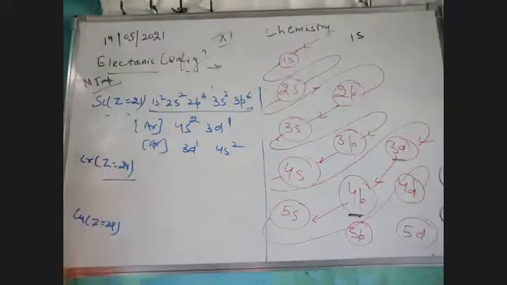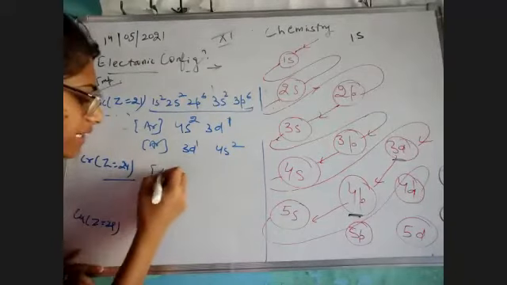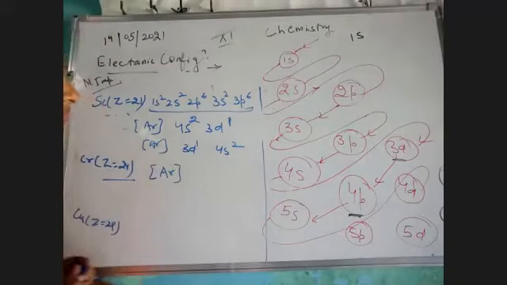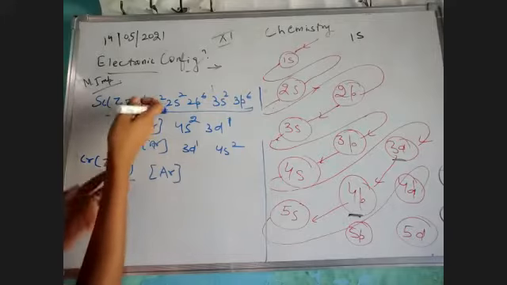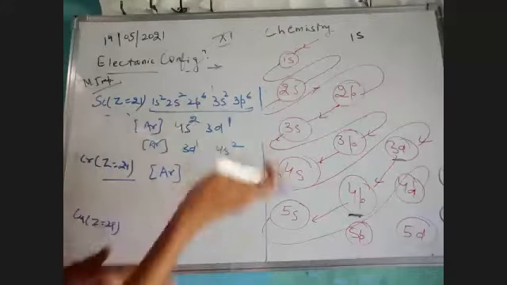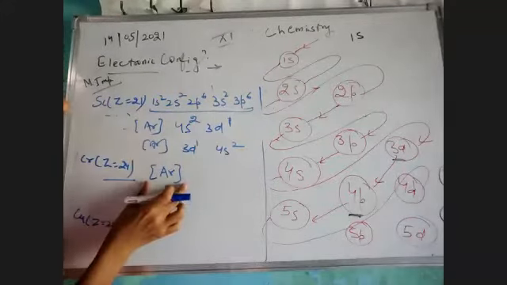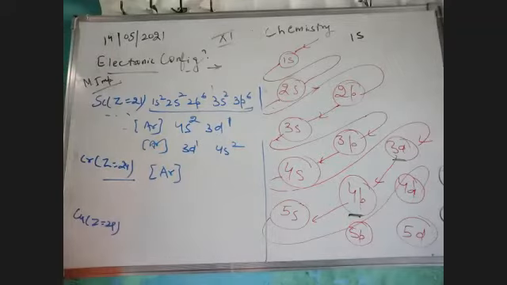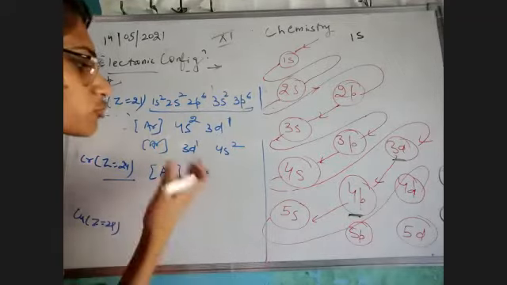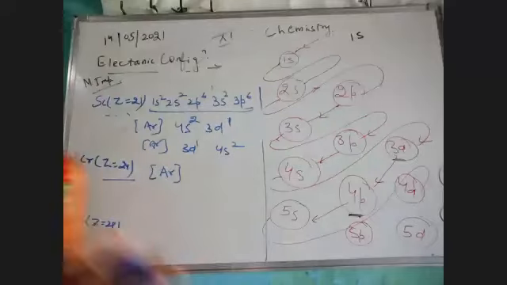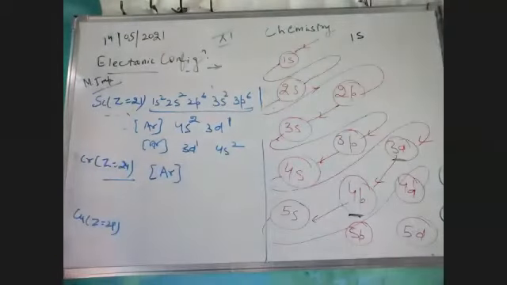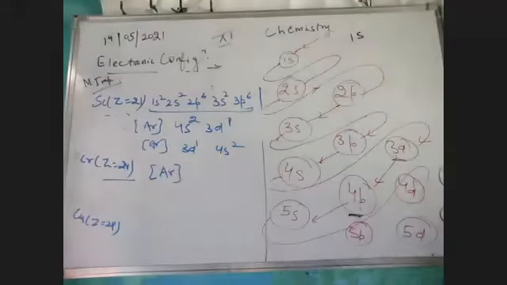Now let's start. Up to 18, can I directly fill argon? Or if you want, you can say 1s2, 2s2, 2p6, 3s2, 3p6. Up to 18, we have to maintain it. Right now, we would jump to 3d and 4s. Whenever we go to 3d and 4s, what's happening? To reach 24, we have to keep our electrons in 3d as well as 4s.